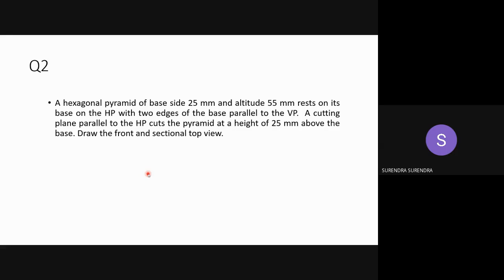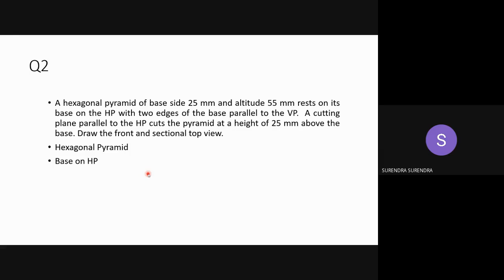Just for comparing, in the first 4 or 5 problems, I have given the same cutting plane. In all the problems, we have chosen such that the cutting plane is parallel to HP and perpendicular to VP and at the same distance, that is, at a height of 25 mm above the ground. Even if you compare the previous problem to this problem.